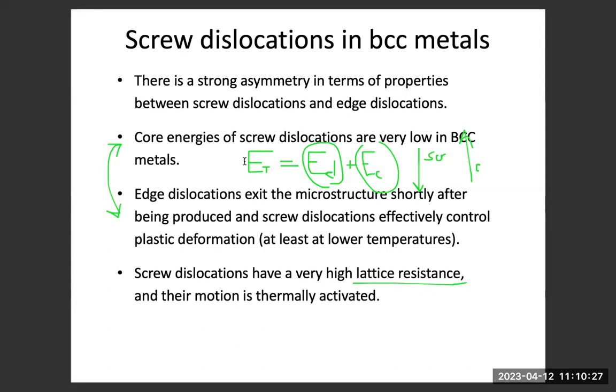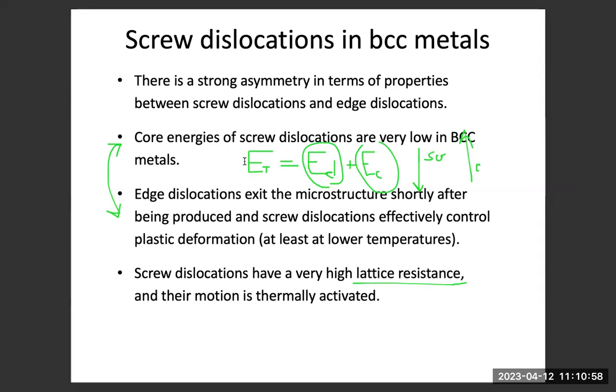It's easier. Nature always goes to minimum energy, maximum entropy. That's why BCC materials prefer the activation of screw dislocations. Edge dislocations just disappear shortly after a very low amount of plastic deformation, due to energetic reasons.